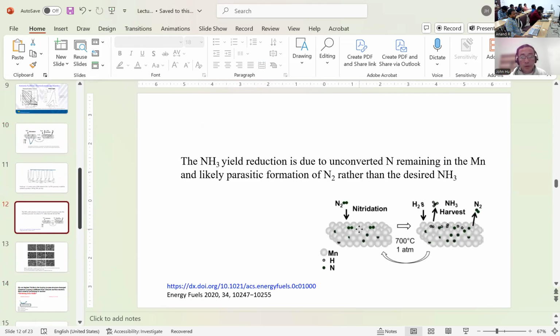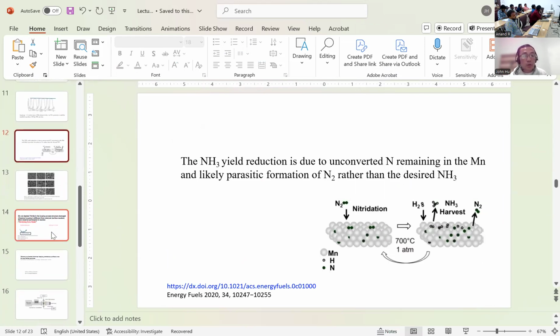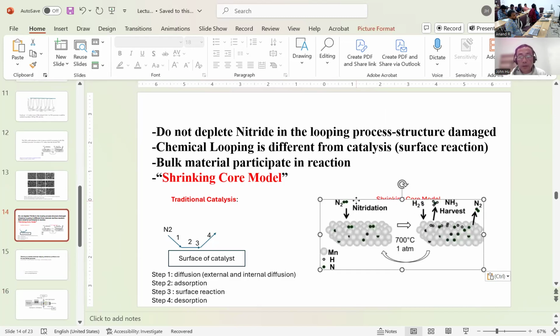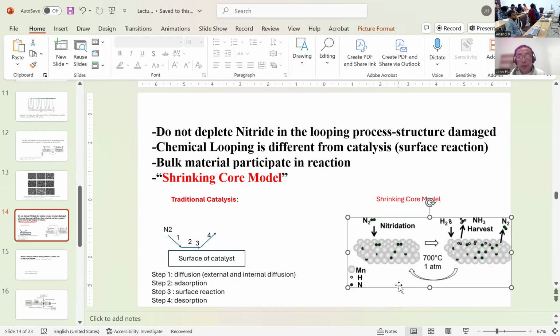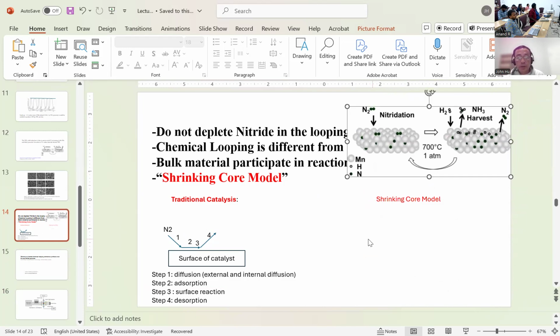I think this is probably better. So the shrinking core model is more like this. I'm going to use this structure. Just remember this structure. I'm going to redo this. The shrinking structure is like this, and I'm going to do the same thing.